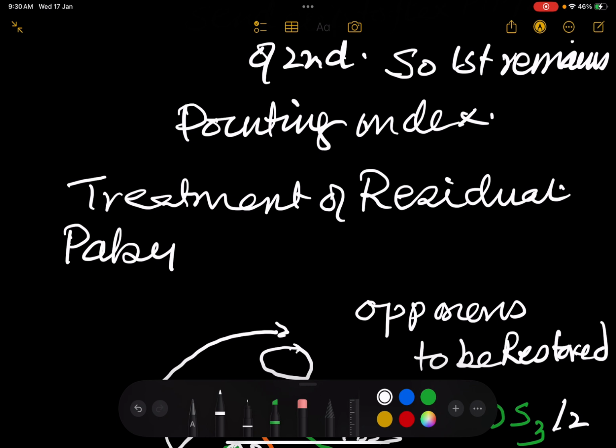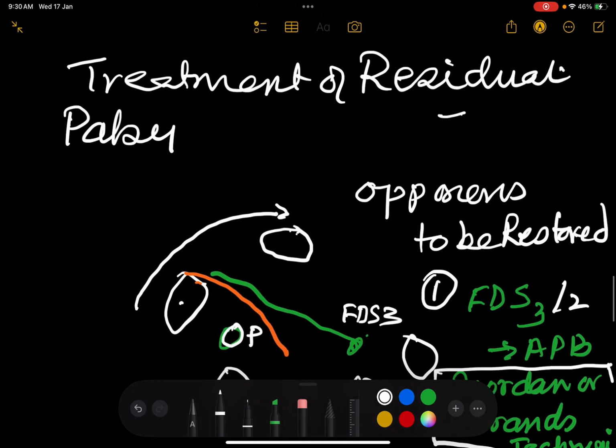So how do you treat the residual paralysis? Opponence is the rotation of the metacarpal so that the thumb starts opposing the flexion of the fingers. So that movement is called opponence.